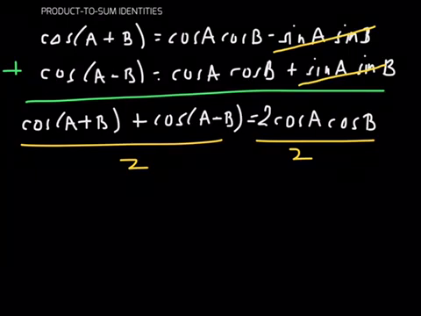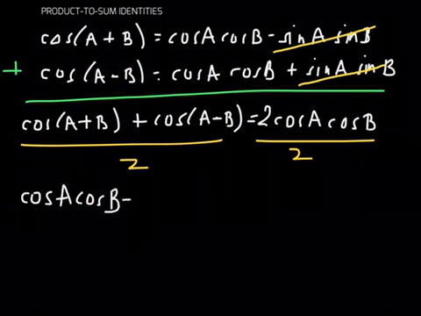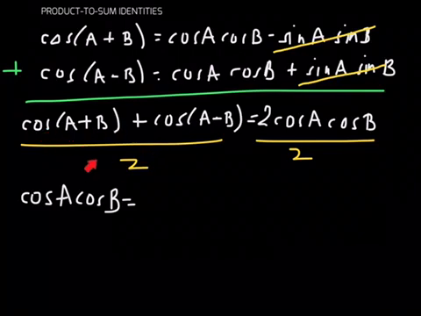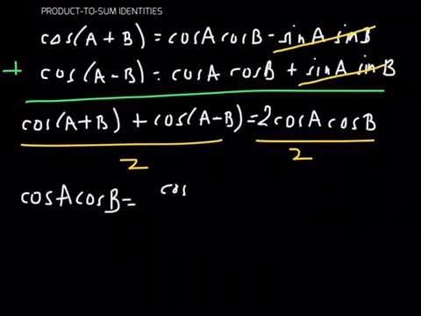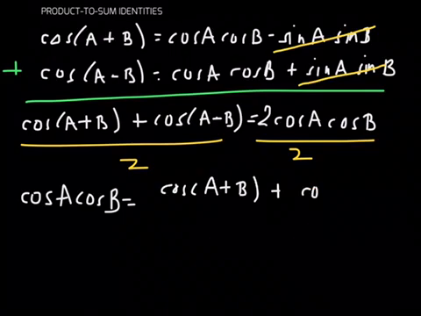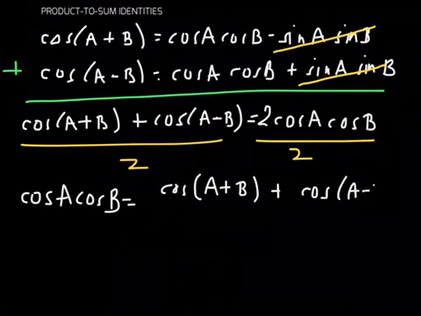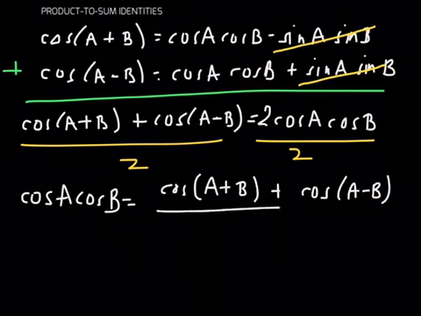So this product, cosine of A cosine B, is equal to this whole left-hand side, which is cosine of A plus B plus cosine of A minus B, all of that divided by 2.